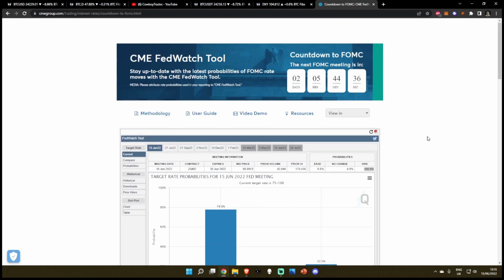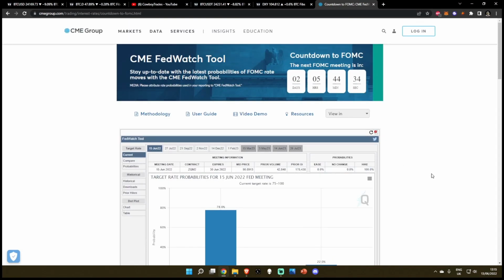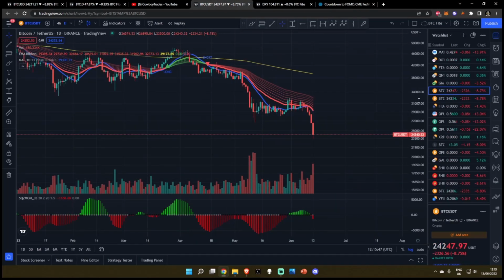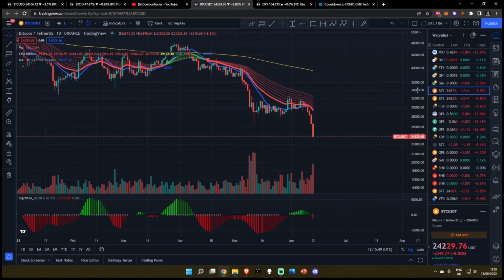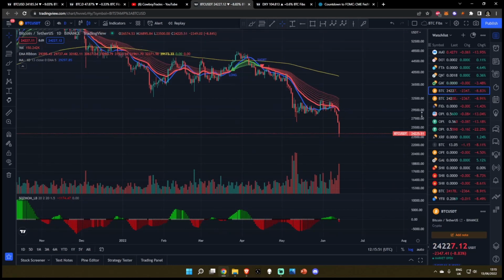But I've been talking to some people within this group, and I'm very confident that we potentially might be seeing higher than a 50 basis point increase. I would like to say my minimum goal is 50 basis points. I think it'd be more likely we shift over into a 70 basis point increase, which would probably allow Bitcoin to have a massive capitulation.